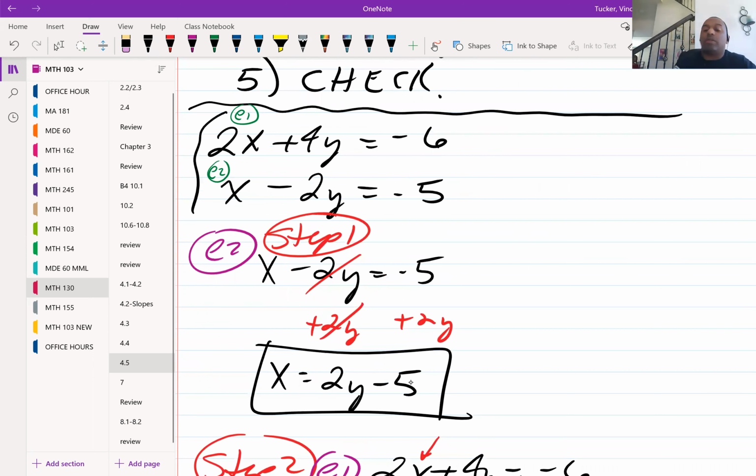Took equation 2 and we added 2y to both sides. All right. x is equal to 2y minus 5. Step 1 is to take one of your equations and solve it for one of your variables. That's what we did here.